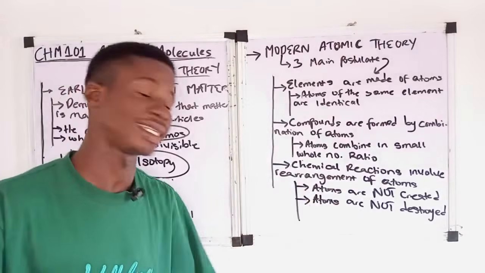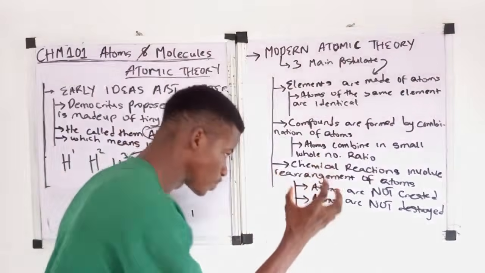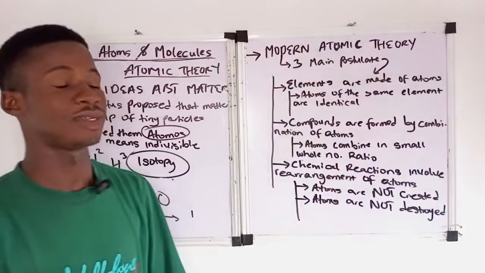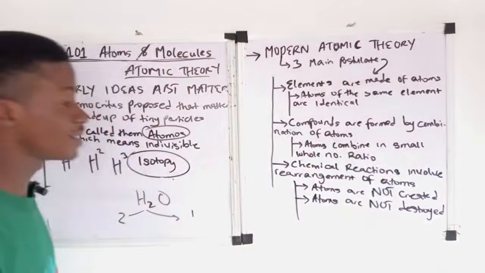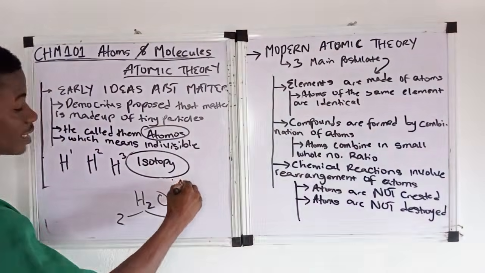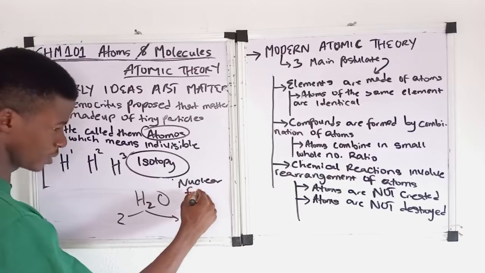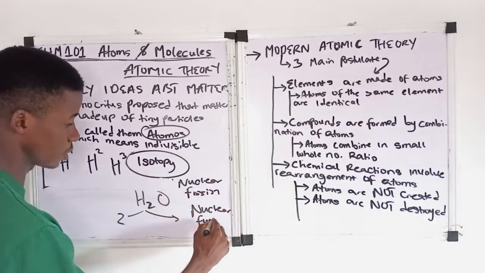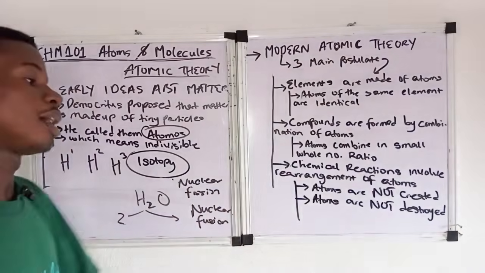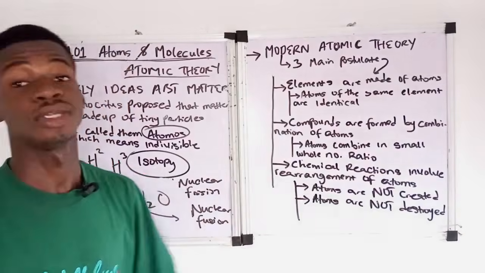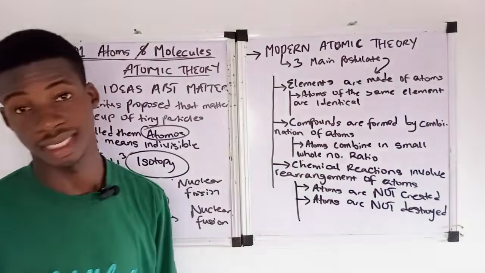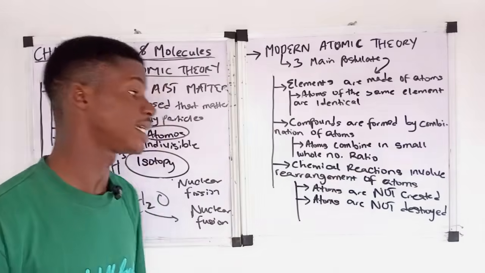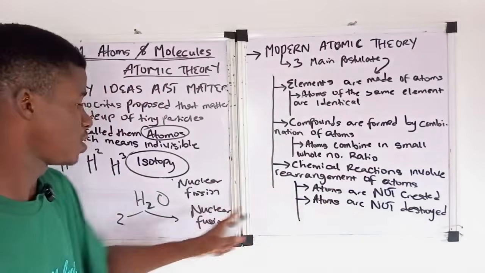Now this part, atoms are not created, atoms are not destroyed. Due to the discovery of radioactivity, this last postulate is also not regarded as completely true. In radioactivity, such as nuclear fission and nuclear fusion, atoms are created and also destroyed.